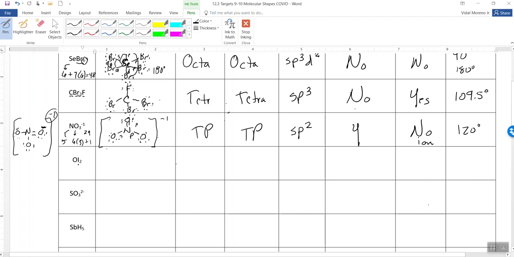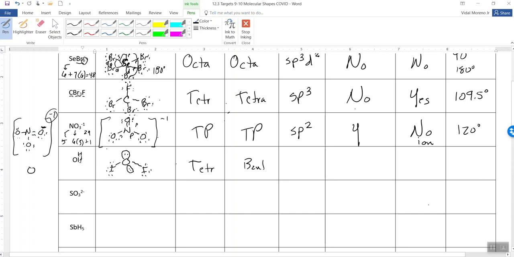OI2. This one reminds me of H2O in that, just like the halogens, H's can bond only one time. So you have replaced the H's with the I's. It's H2O. It's tetrahedral bent. So O, I, I. Tetrahedral bent.